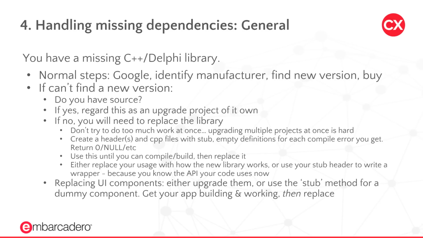If you don't have the source and you can't find a new version, then you're going to need to replace the library. It is not technically possible to use some very old versions of libraries with a new version of C++Builder. There are some situations in which that may work.